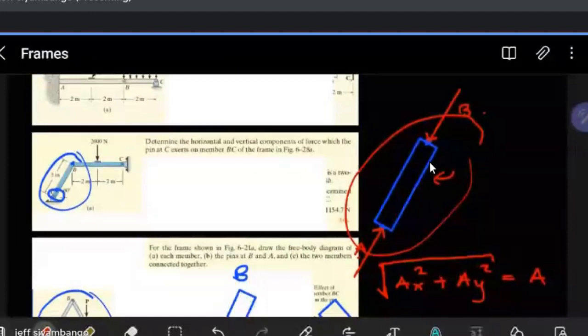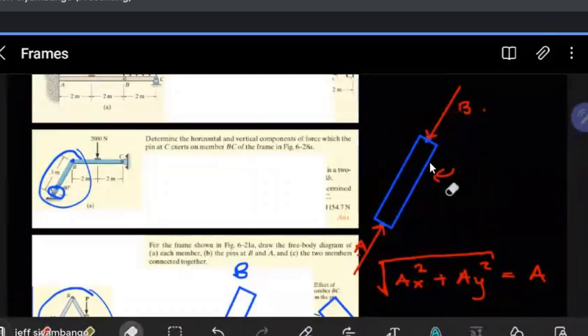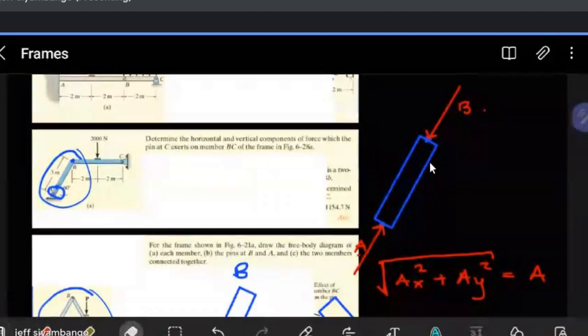But all we're trying to say here is identify them, so that it will be easy for us to just conclude that A is equal to B. Not necessarily equal, we'll say A equals minus B. So in magnitude they are the same, but in direction they're in opposite directions. So this is a thing that we'll use every now and then when we're dealing with two-force members.